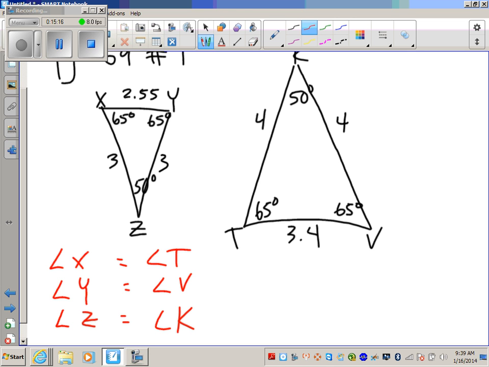Because here, we'll say, all right, line segment XZ, line segment XY, and YZ. XZ, this one, would then correspond with what line segment on the other one?